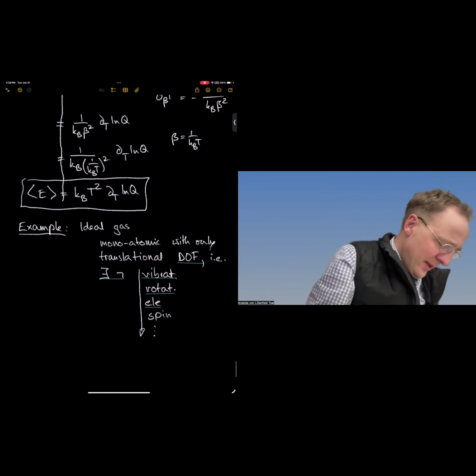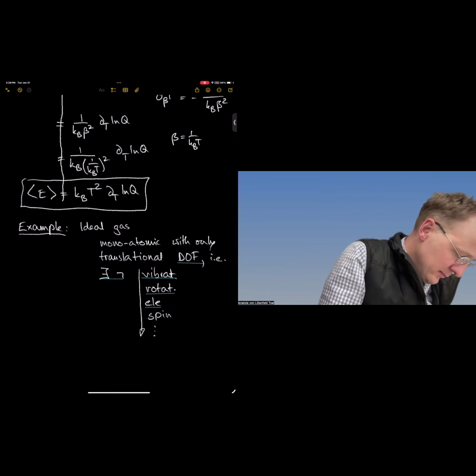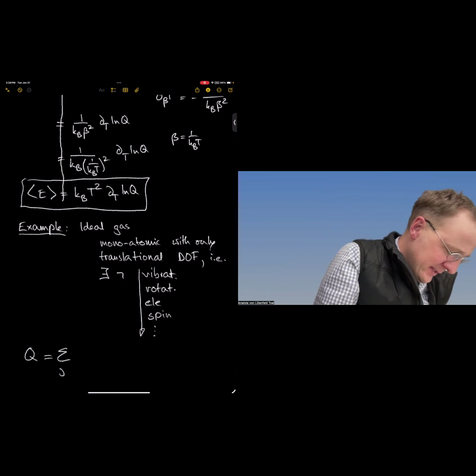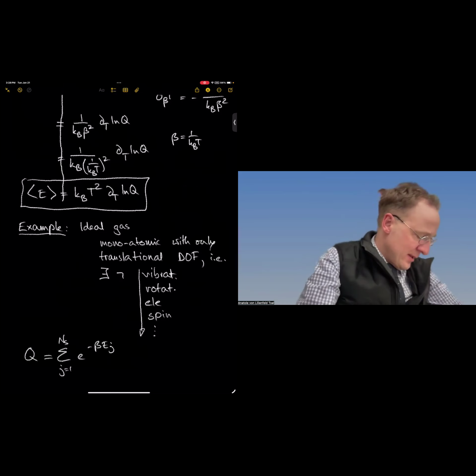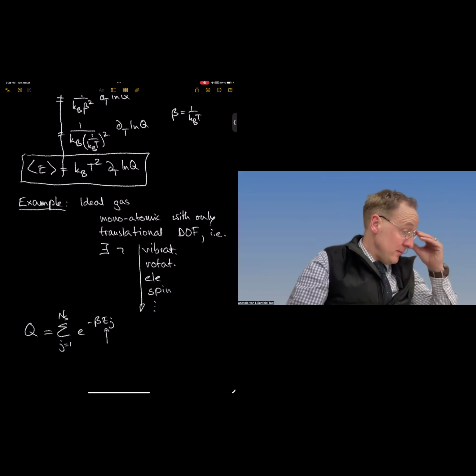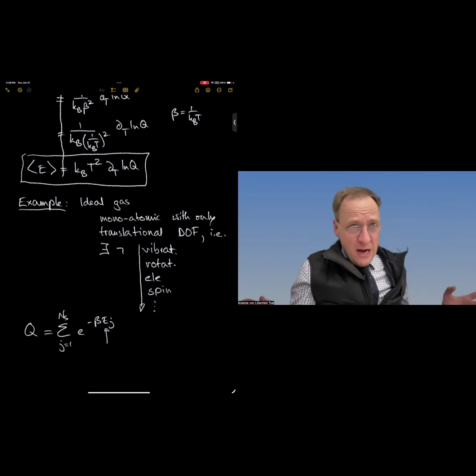All right. So my partition function is my sum over states J with the Boltzmann factors, right? Now, this state, EJ, contained all the physics. This is the generic one, right?